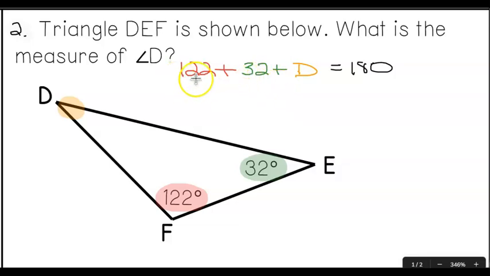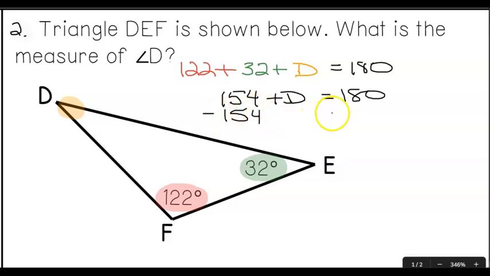122 plus 32, so I'm going to combine like terms here. That's going to be 154 plus angle D equals 180. I need to subtract 154 from both sides.